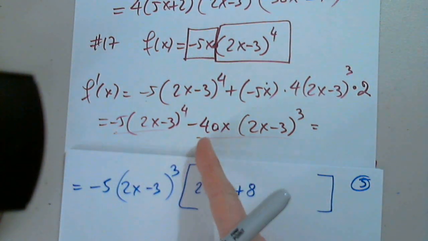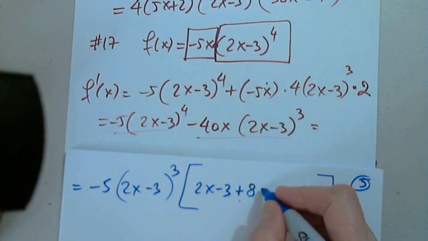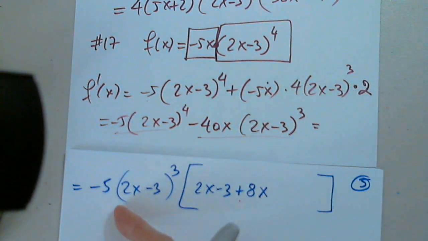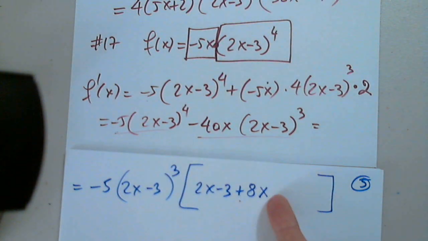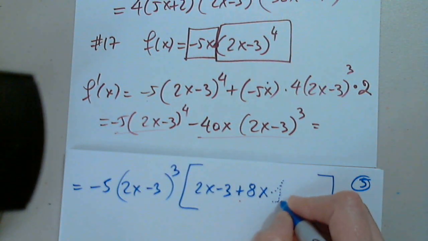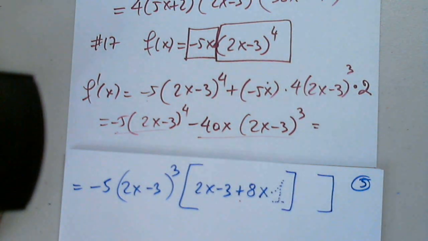Negative 5 times 8, negative 40. But also an x. From these 3, we took out 3. What is left? You can say nothing, but the nothing really means 1. And I agree with nothing, but the nothing is not 0, it's 1.